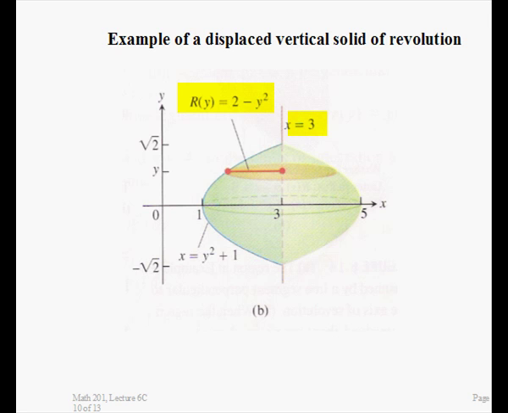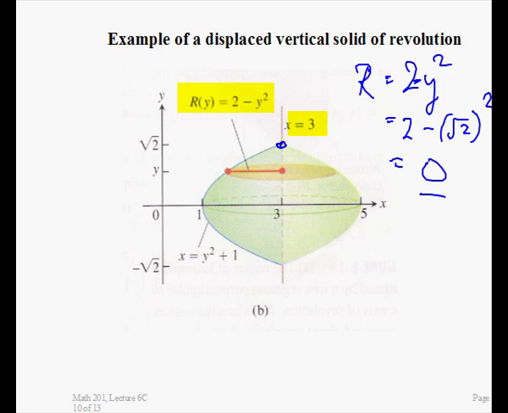So as y varies, this radius varies. When we're up here at the square root of 2, then the radius is 0. So if r equals 2 minus y squared, then 2 minus the square root of 2 squared equals 0. So it's 0 here. It's also 0 down here, and it varies with y.